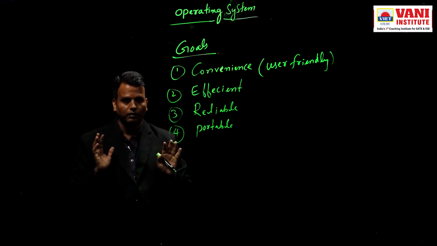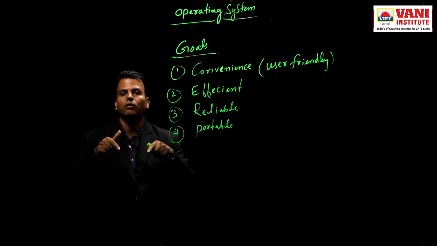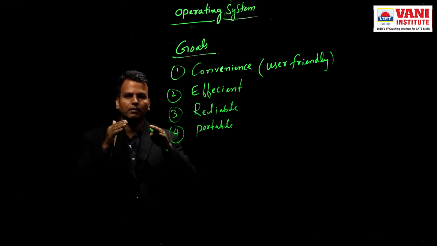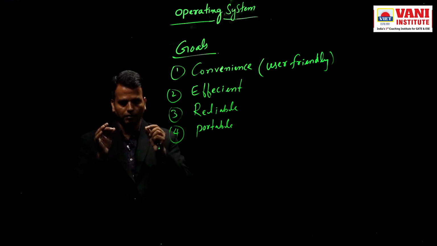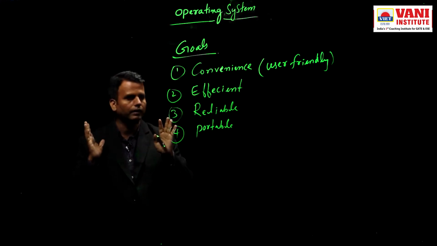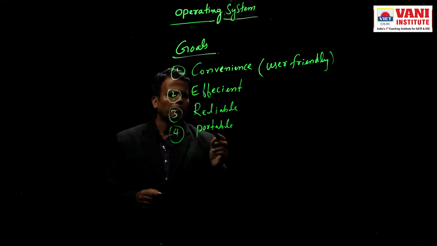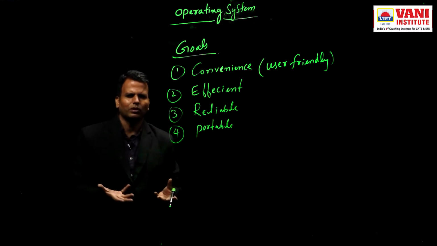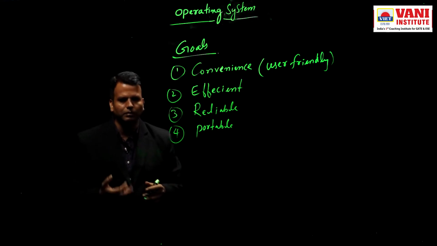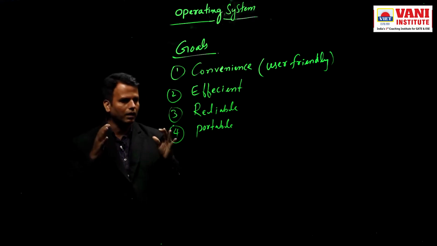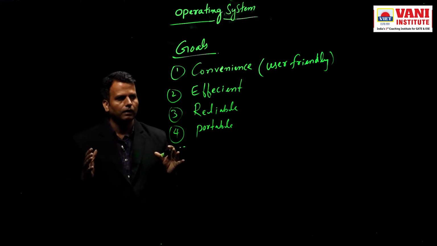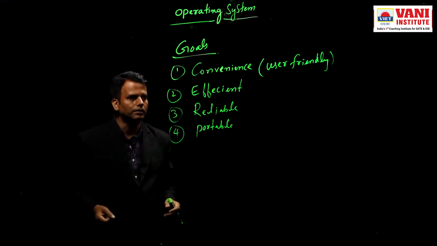So it is the responsibility of an operating system designer, by the time of implementing the semaphore operations, to keep them in proper order. One minor mistake will lead to deadlock at any time. Got it? That is the meaning of reliable. Portable means, it is a very general term, it should run on multiple architectures. So these are a few goals of an operating system.